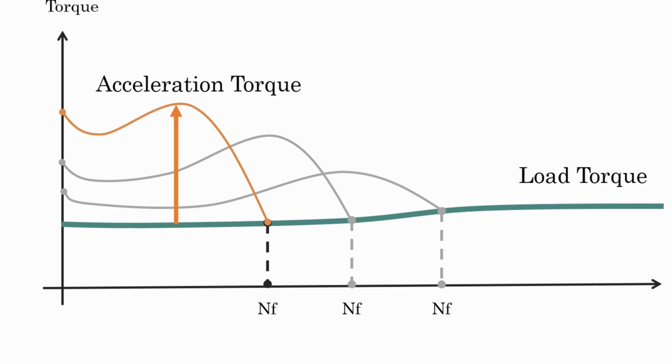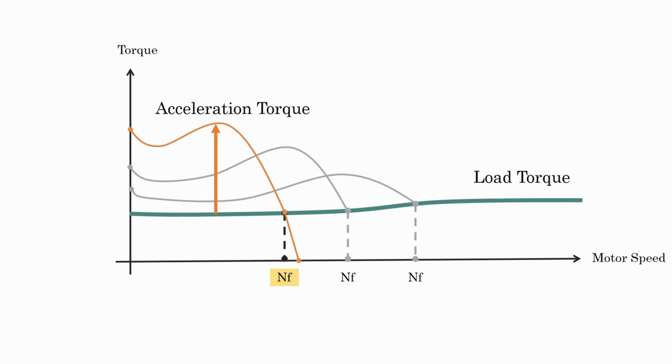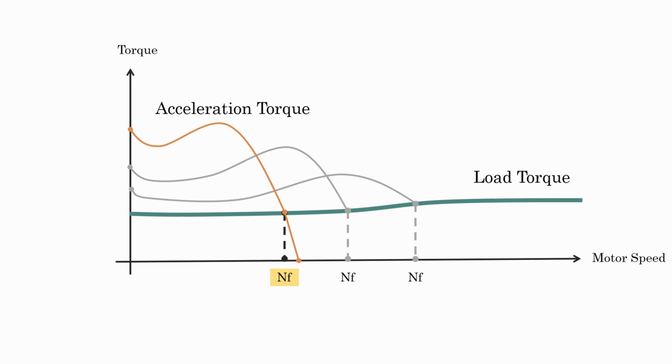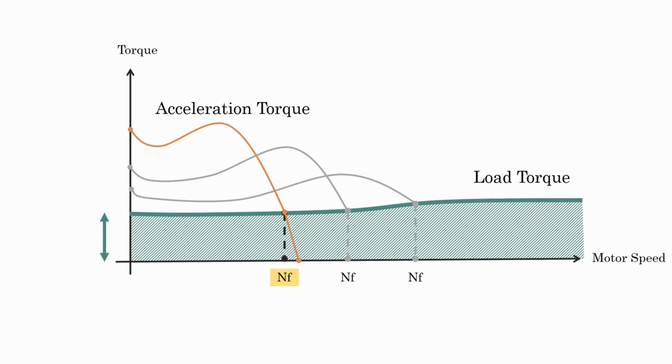And once the system reaches the operating speed, acceleration becomes zero. Therefore, now the motor only needs load torque to continue running at constant speed. But as we always start the machine from rest, the motor must be sized for maximum torque required, which is load torque plus acceleration torque.